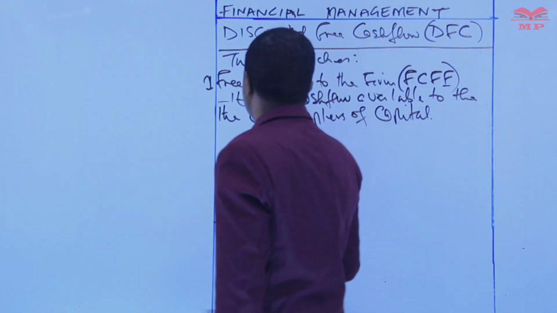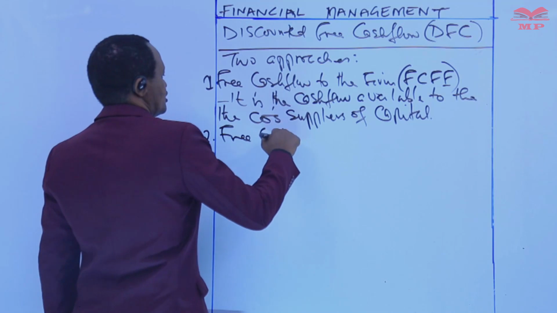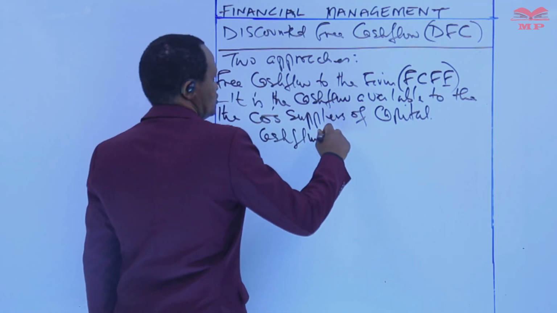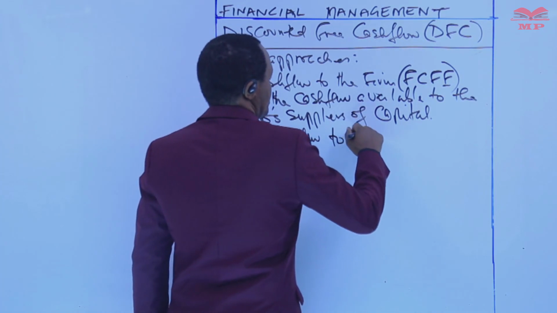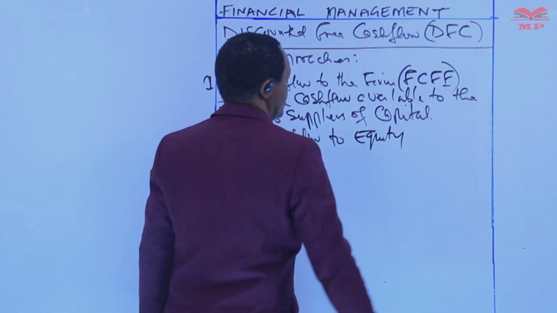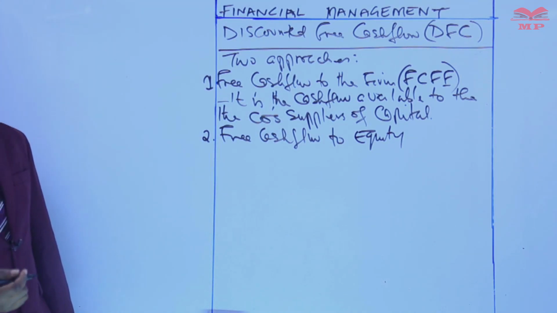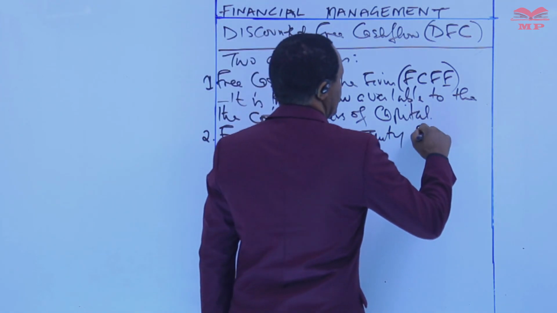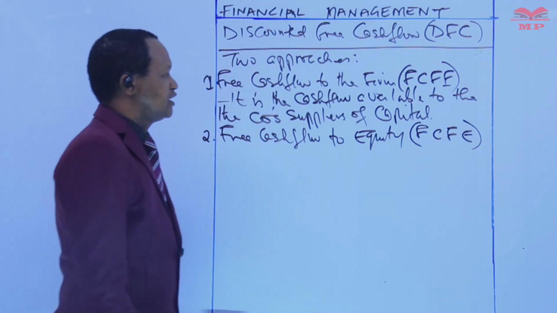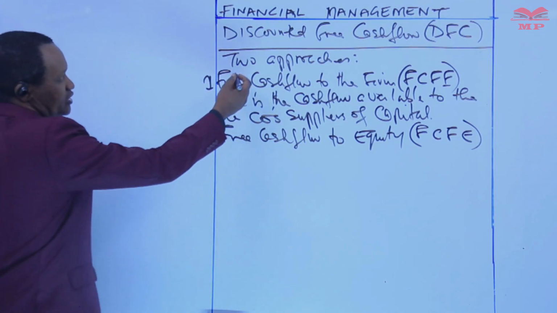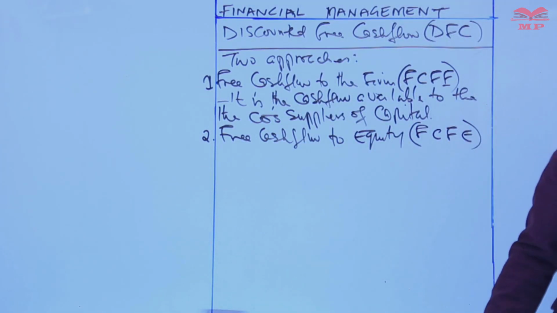Number 2, free cash flow to equity. Free cash flow to equity is the second approach under the discounted free cash flow valuation method.